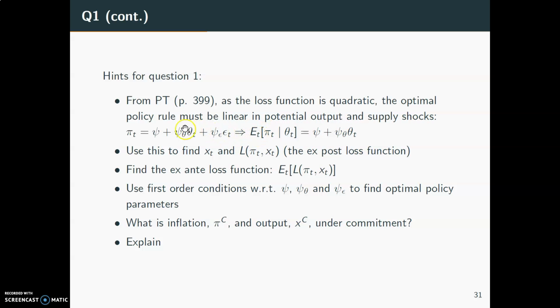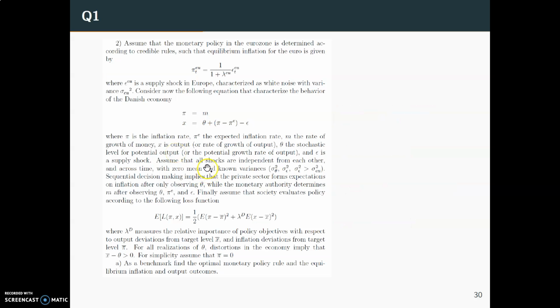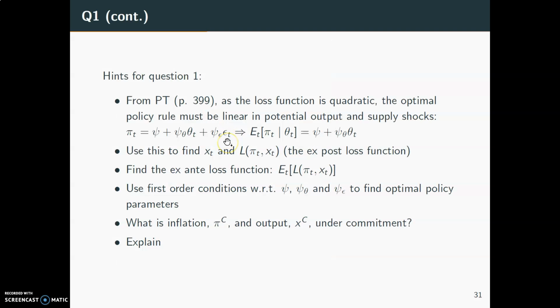Okay, so now use this rule for pi_t to write up x_t from the definition before here. And then use this to write up the loss function. And be aware that even though the model is static, I just include these subscript t on the variables. It doesn't really matter.